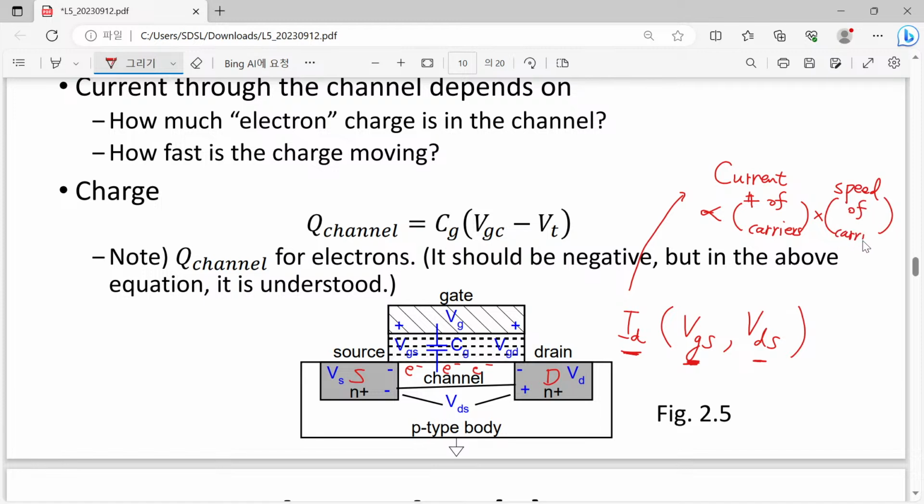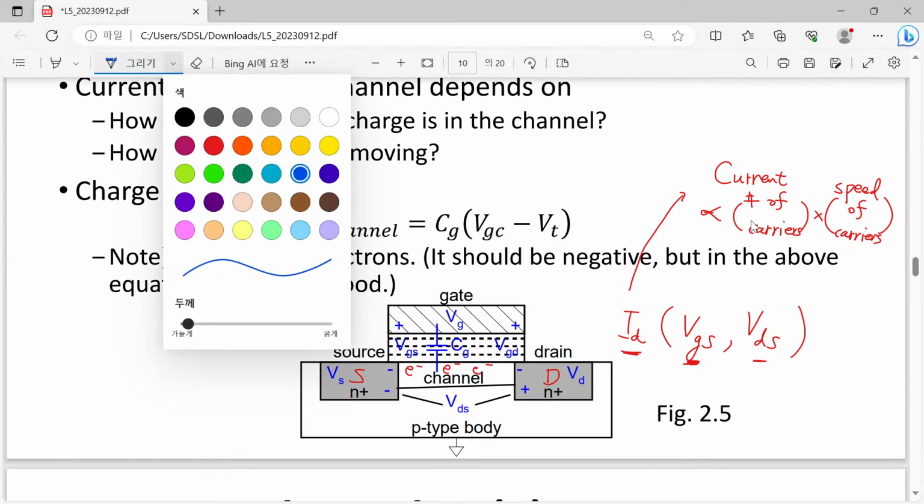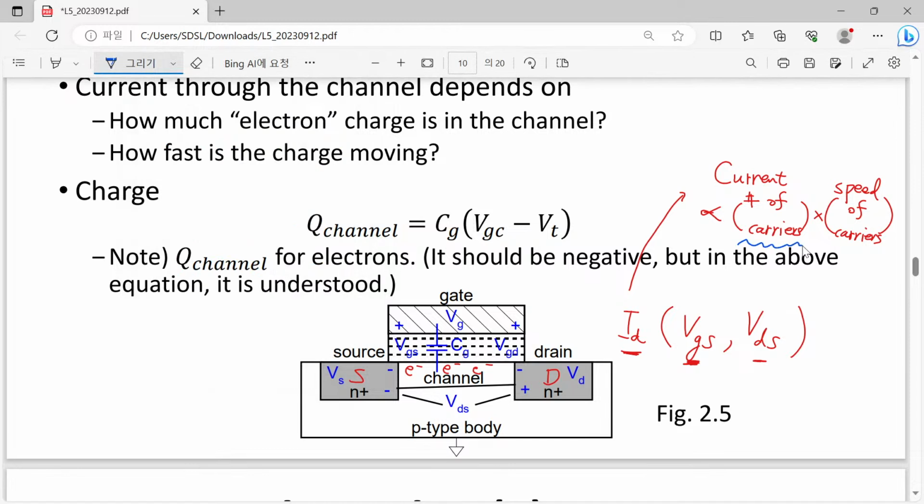We need these two factors, and by multiplying them, we get the current. And of course, as I told you before, the most important thing in this control is the number of charge carriers, which is controlled by our gate to source voltage. So first of all, let's think about this one.